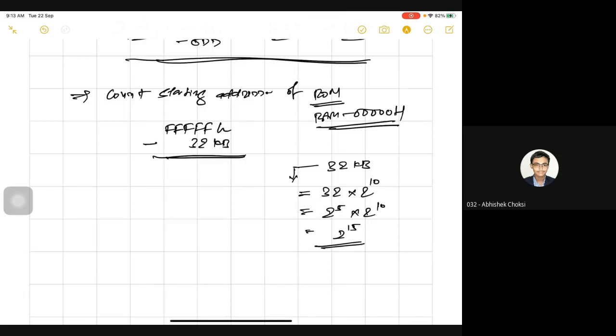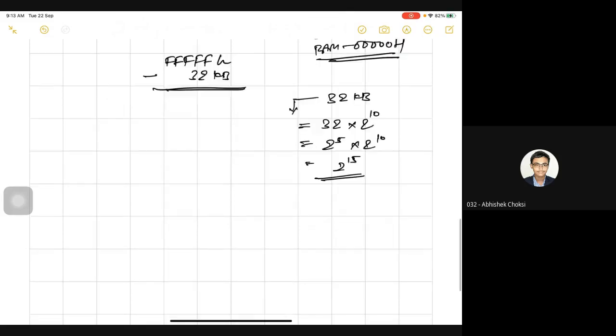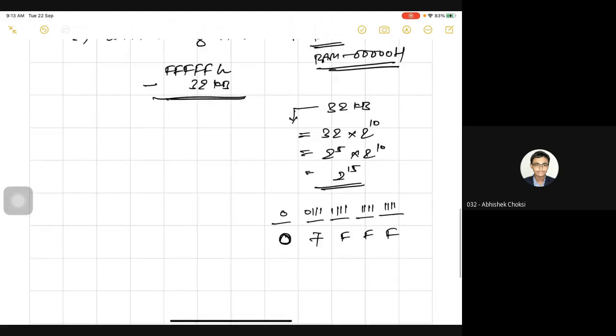Now write down fifteen 1s: 1 1 1 1, 1 1 1 1 1 1 1 1. Numbering the bits 15 down to 0, bit 15 is 0, and this is 1, 2, 3, 4 and 5. If I convert this into a hex number, this will be 0 7 F F F. This is the size of 32 KB in hex.